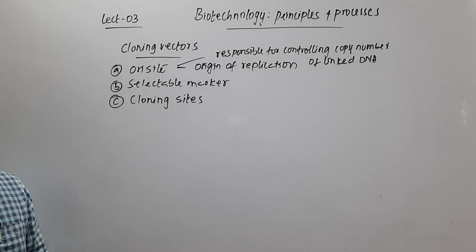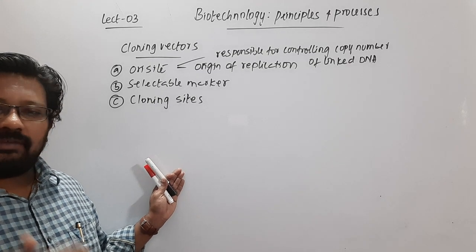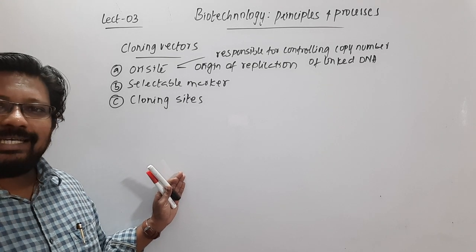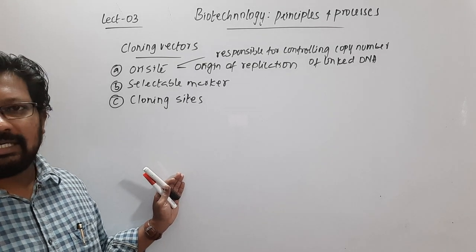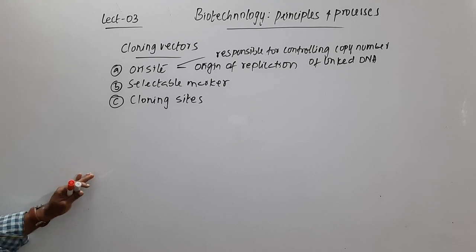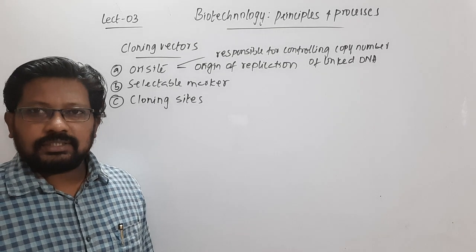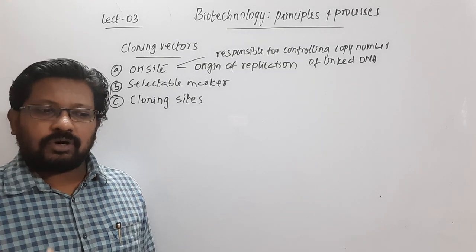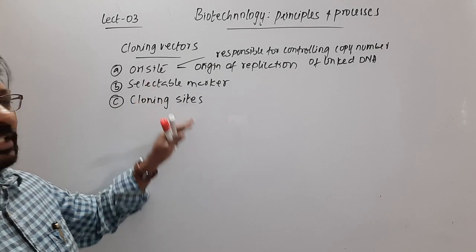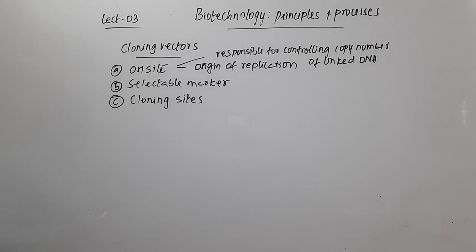When you link the foreign DNA with this ORI site, if a plasmid is able to make its own copies of some 10, then the linked DNA along with it will also become 10 in number, meaning 10 copies will form. So if you want many copies of that linked DNA, then you need to link it with a plasmid that supports a high copy number. So that's about the ORI site.